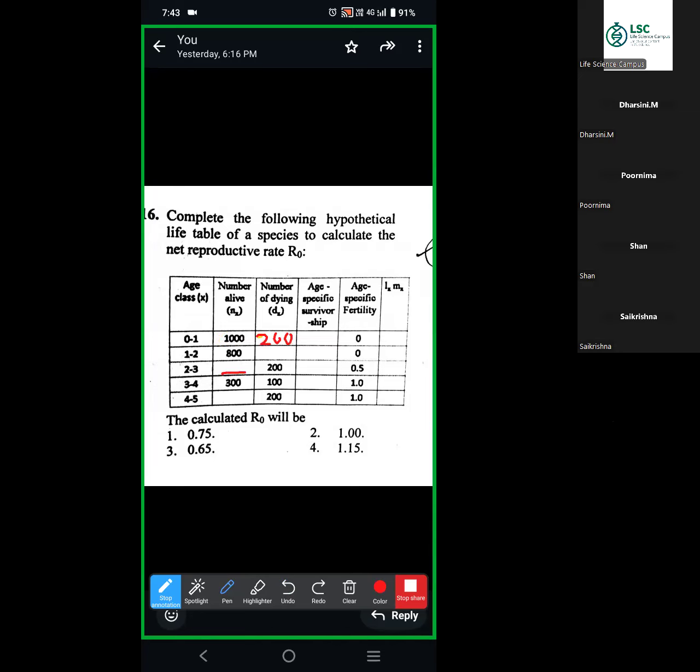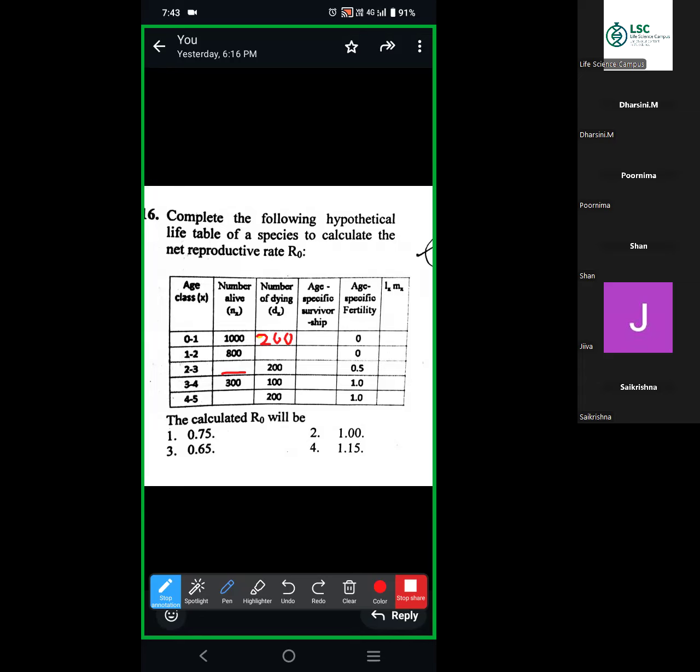And here, what will be the value? In order to find out nx in the third age class, we have to add this 300 and 200. 500. So here it will be 500.